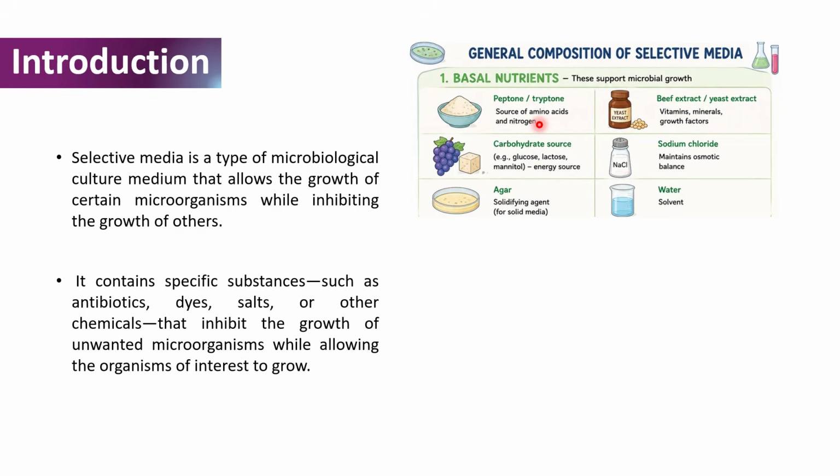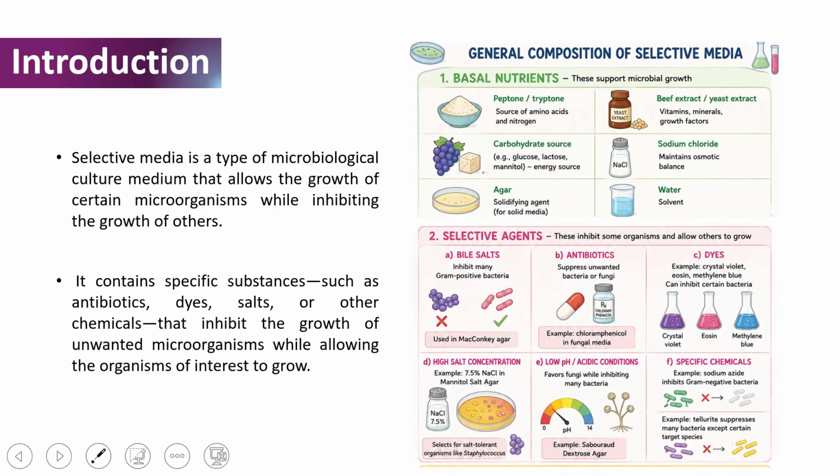We also have carbohydrates such as glucose, lactose, and mannitol, which serve as a source of energy, and agar as a solidifying agent for solid media, and beef extract or yeast extract that provides the medium with vitamins, minerals, and other growth factors, sodium chloride to maintain osmotic balance, and water as a major solvent to dissolve all these basal nutrients.